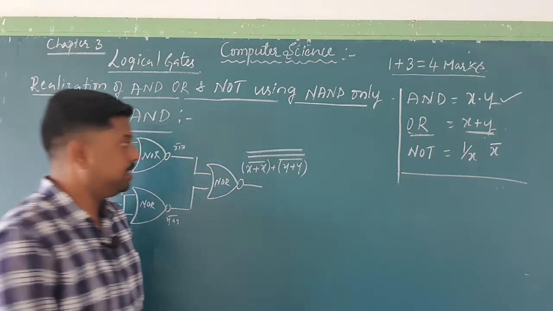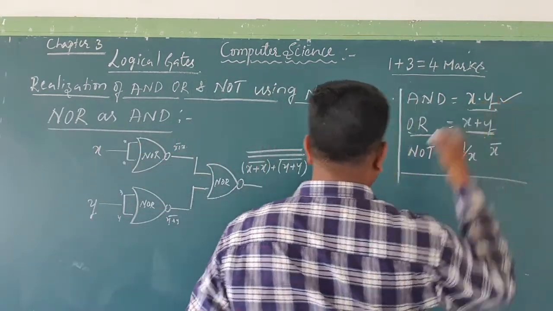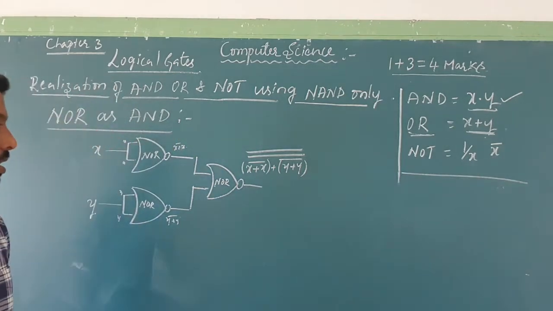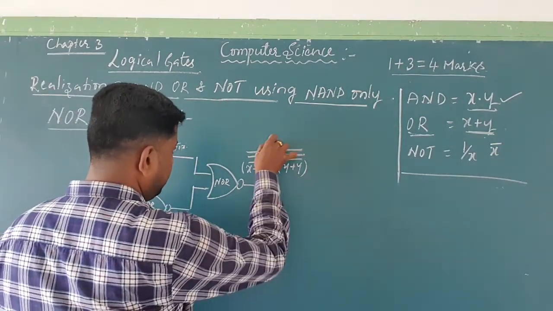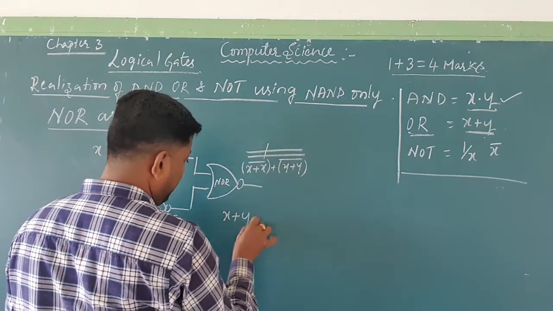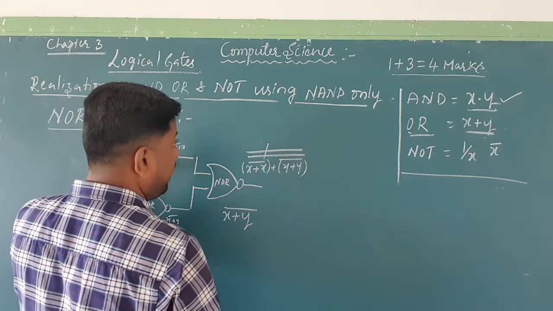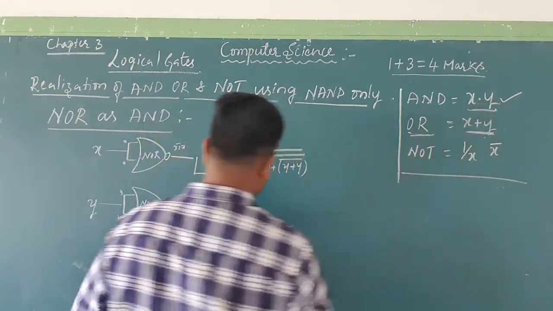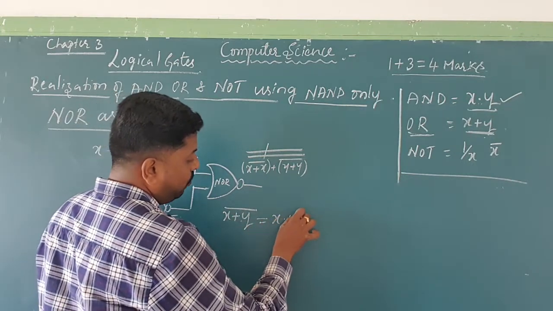But now I need NOR as an AND, which should be in x into y format. Then how to convert this? The one bar will cancel. Then the remaining expression is equal to x plus y whole bar. But I need it in the form of x into y. x plus y whole bar should be equal to x into y.